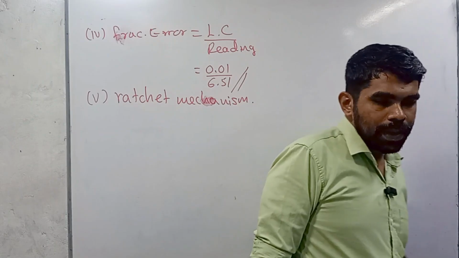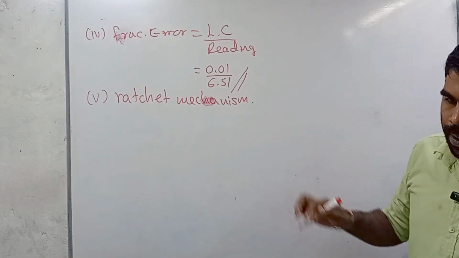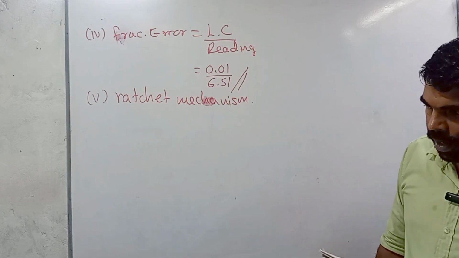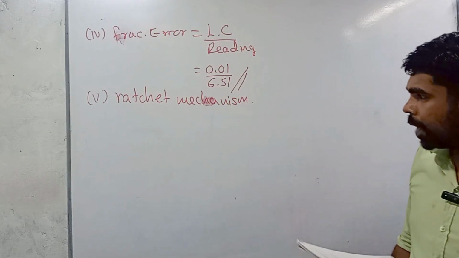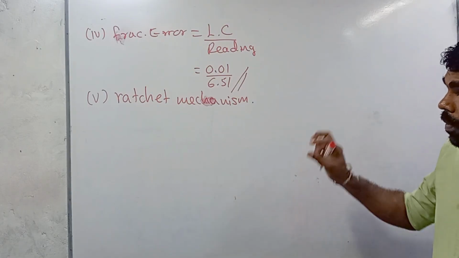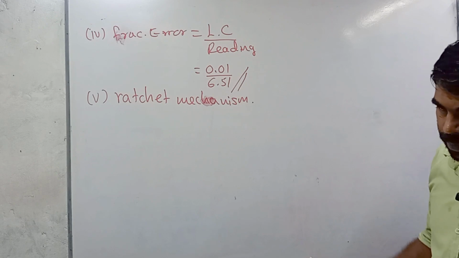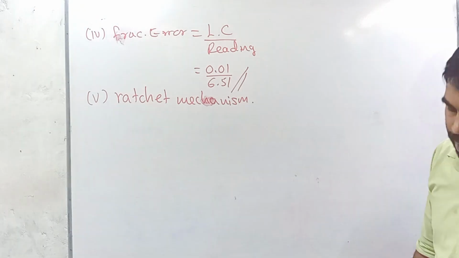Or you can describe it. Ratchet mechanism means when rotating the instrument by using the thimble head, it will rotate freely with a tick tick sound after touching the sphere.